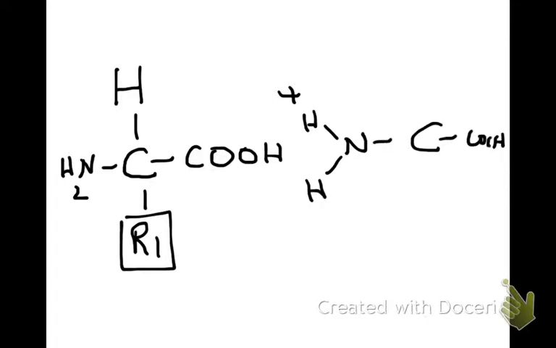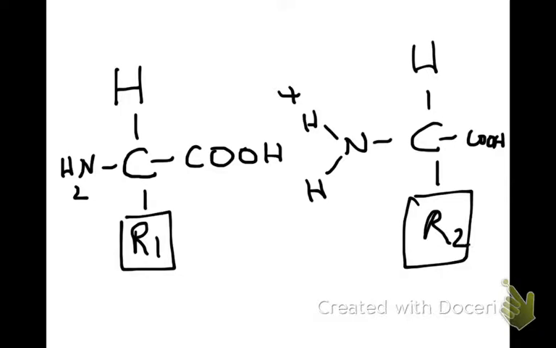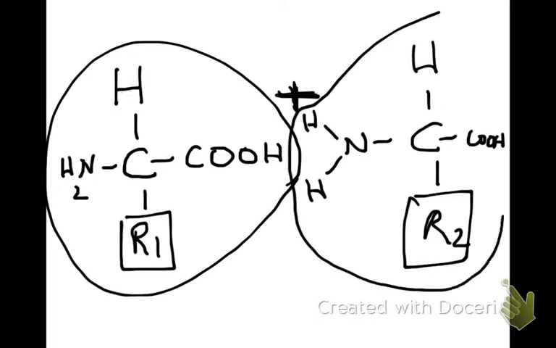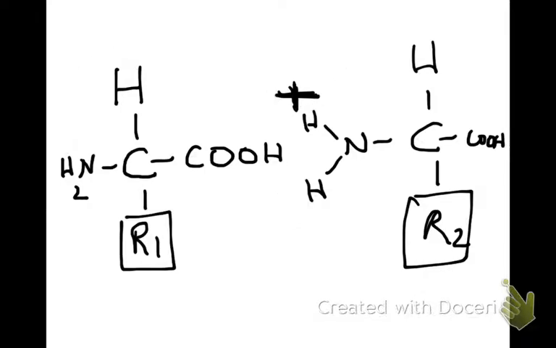So if you notice, I have drawn two amino acids where the only thing that is different between the two is the R groups. So if this amino acid joins with this amino acid in a certain bond, what is that bond? They will lose a water molecule between the two.